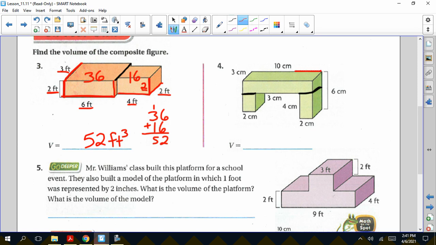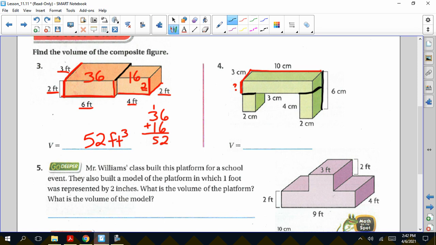We're going to go length times width times height. And we're missing that measurement right there. But what we do know is that this entire height is 6 centimeters.